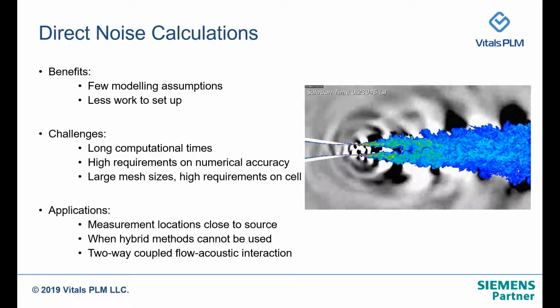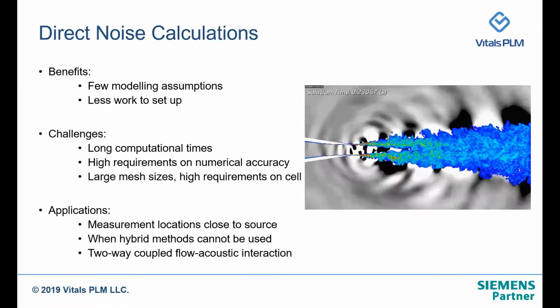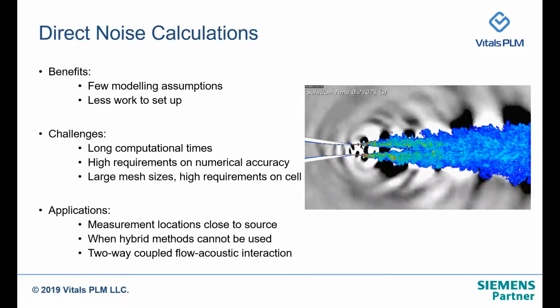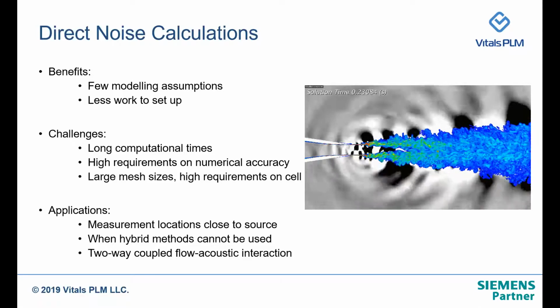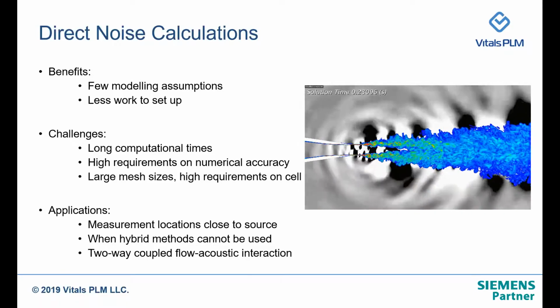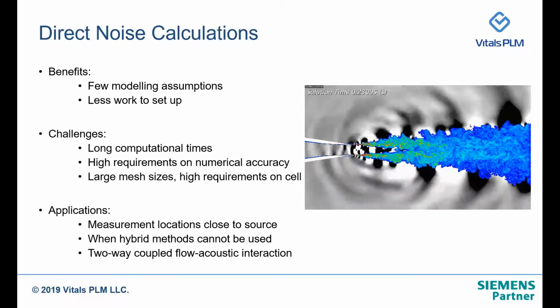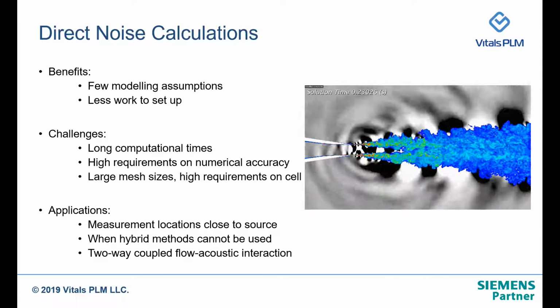The benefit of direct noise calculation is that it requires few modeling assumptions, and it involves less work to set up. And the typical challenges for direct noise calculation are long computational times because of the need for smaller time steps.